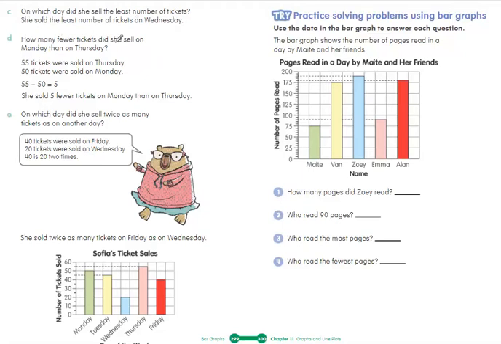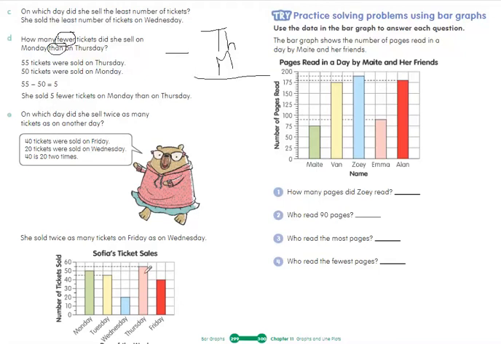How many fewer tickets did she sell on Monday than on Thursday? So if I see these clue words, fewer and then, this tells me that I'm subtracting. So I'm going to subtract Thursday from Monday.